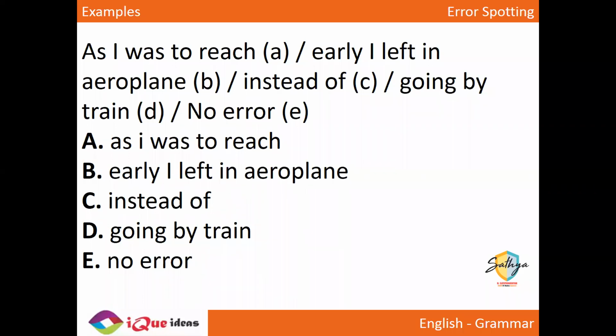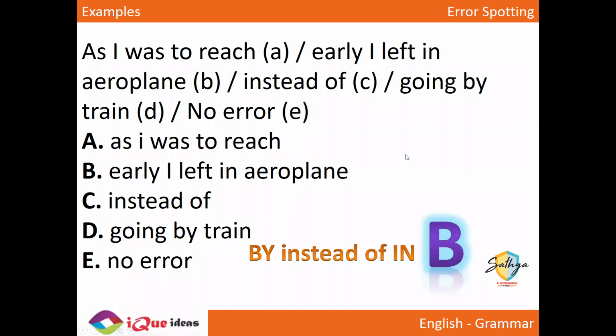You don't leave in aeroplane, especially when it is said that the latter part is going by train. So you don't leave in aeroplane, you leave by plane, go by train, right? The sense should be the same. So the second part, you say, as I was to reach early, I left by aeroplane instead of going by train. If you have to use in, then you have to say, I left in an aeroplane, right?